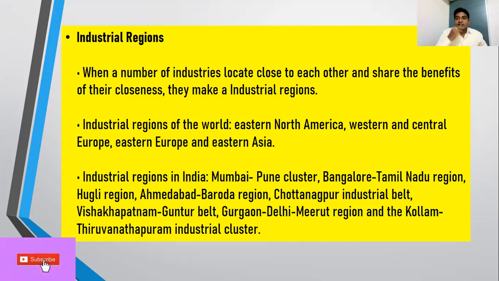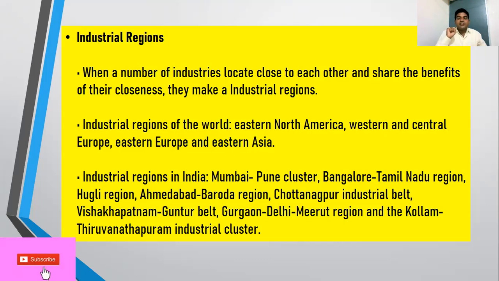Industrial regions in the world. What are the famous industrial regions in the world? Eastern North America, Western and Central European region, Eastern Europe, and East Asian region.